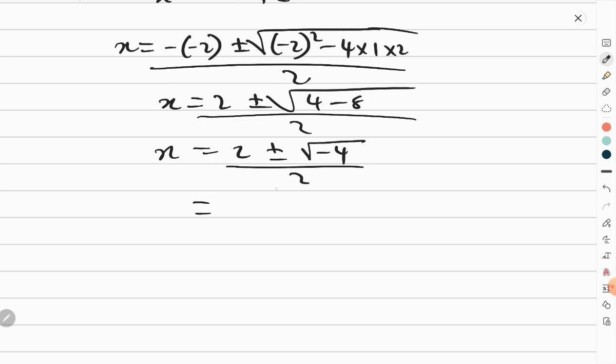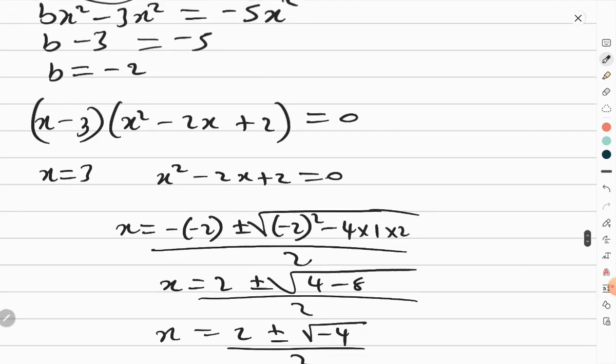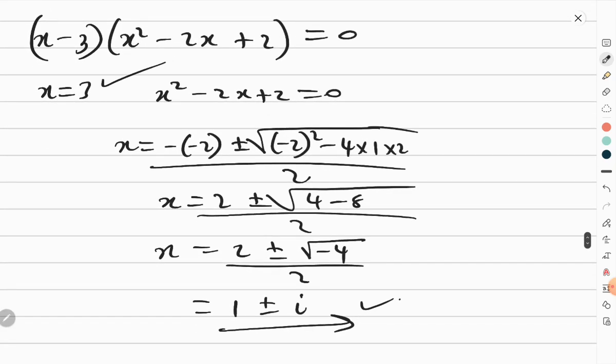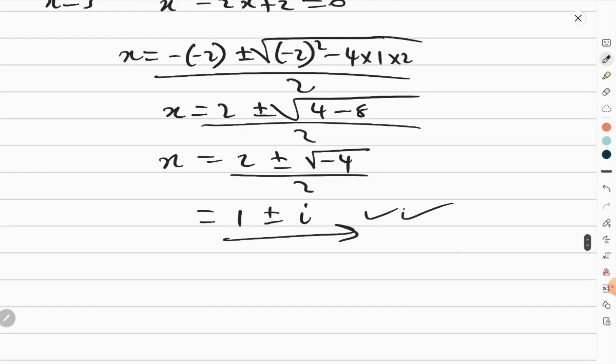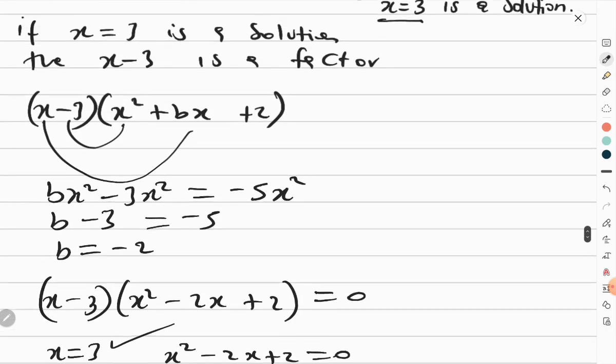Then we have 2 divided by 2 is just 1, plus or minus the square root of 4 is 2, divided by 2, which is just i. So we have that. So these are the solutions for this problem. This is the first solution, and the other two are complex solutions. So this is just number 7.